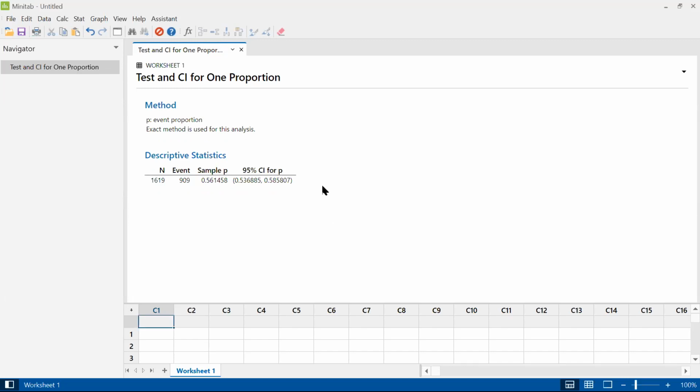You can see that even though we only talked to 1,619 people, and there's maybe a couple million voters in Pennsylvania, we're pretty sure that Bob Casey won. There's a 95% chance that the proportion who voted for Casey is over 53 point something percent. He's got more than half the vote.